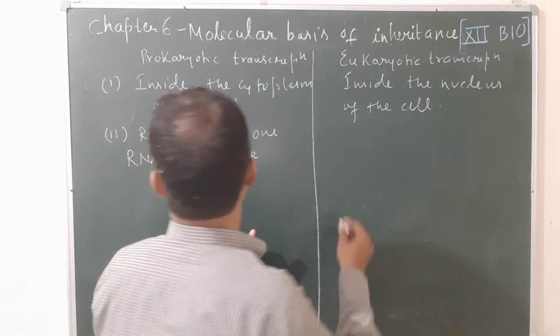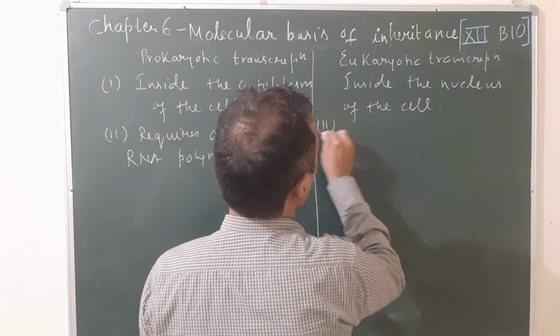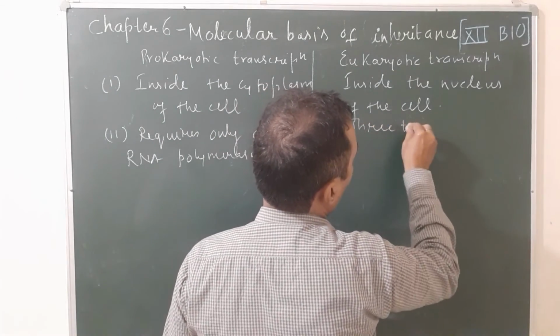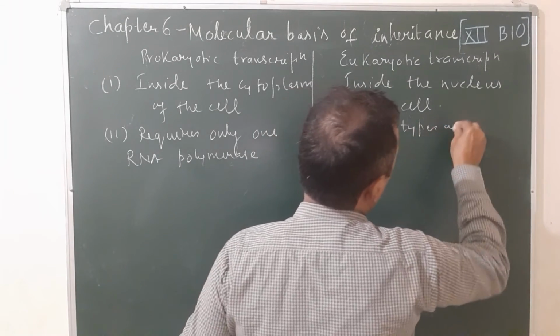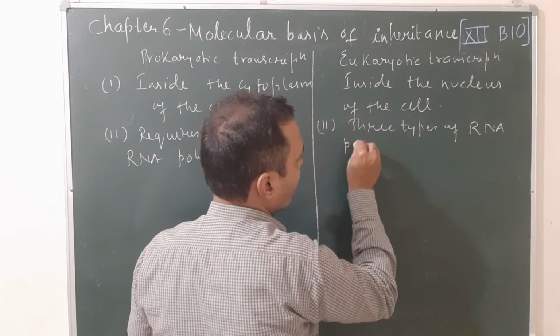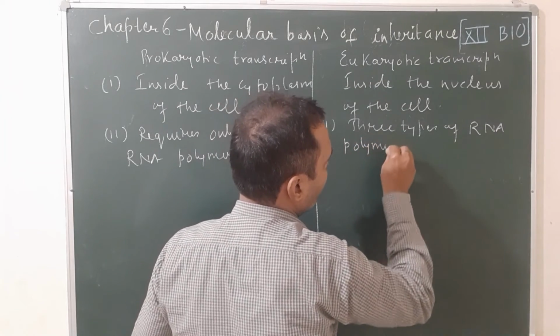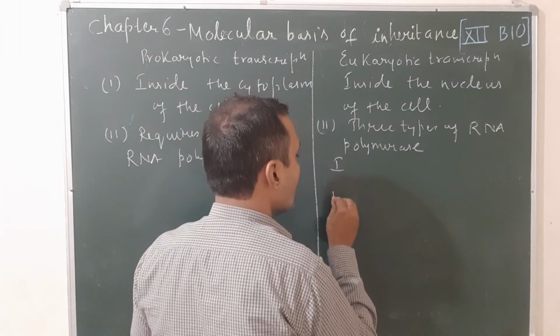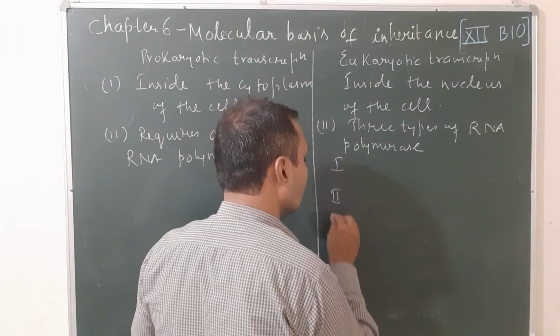But in case of eukaryotes, it requires 3 types of RNA polymerase, represented by RNA polymerase I, II, and III.